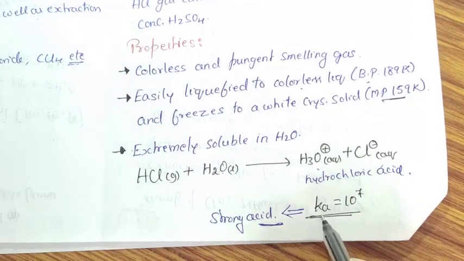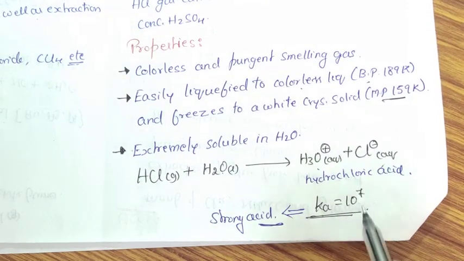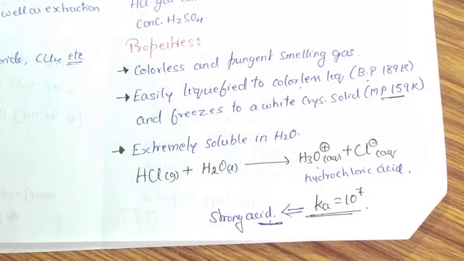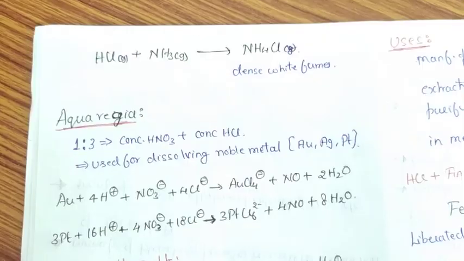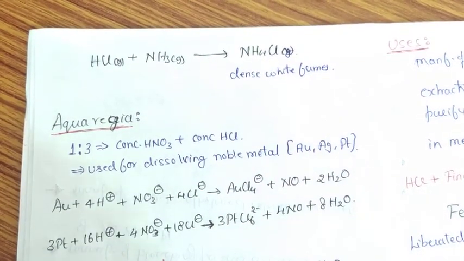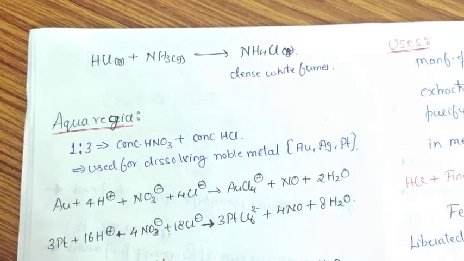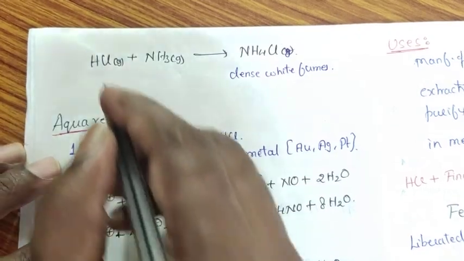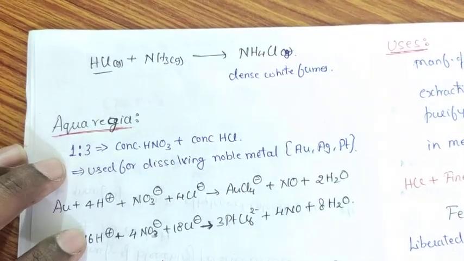Therefore, it possesses a high dissociation constant value. Therefore, it is considered a very strong acid. To explain it is a strong acid, hydrochloric acid is not only a strong acid, but hydrogen chloride gas also acts as an acid.